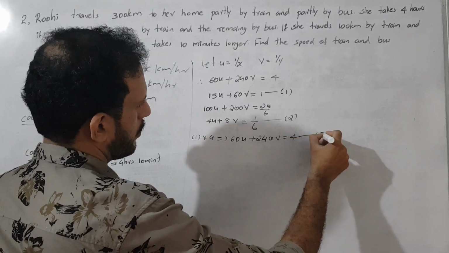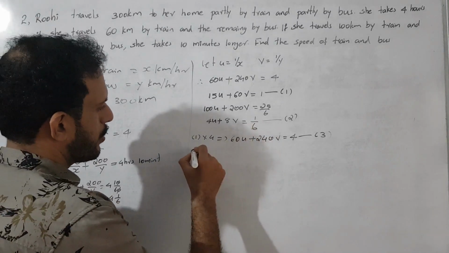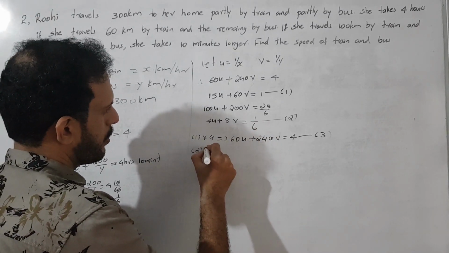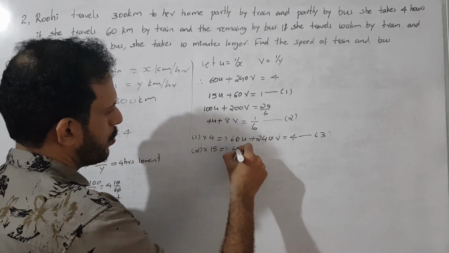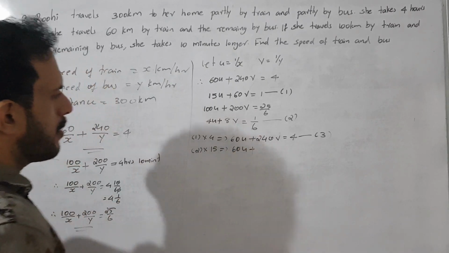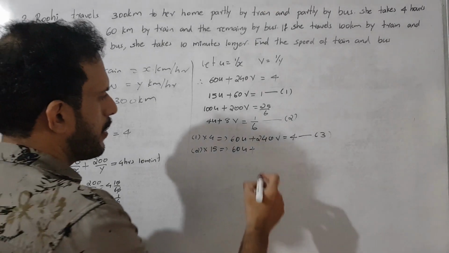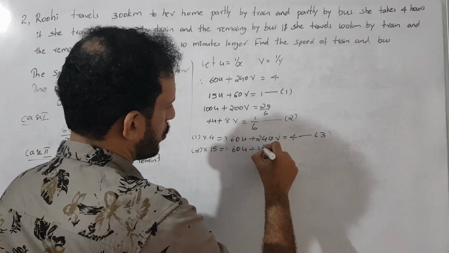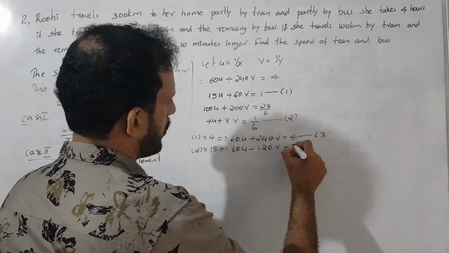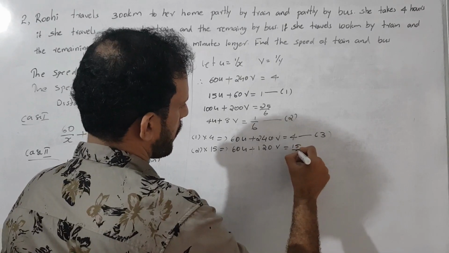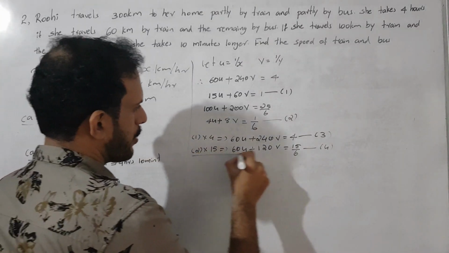That is equation 3. Next, equation 2 into 15: 60u plus 8v into 15 is 120v, is equal to 15 by 6. Equation 4.